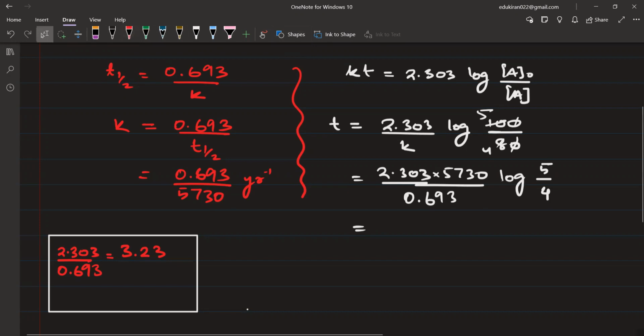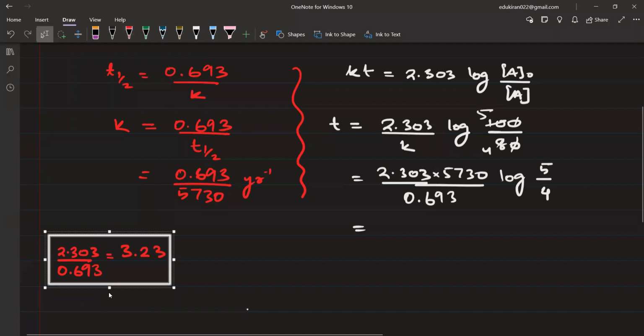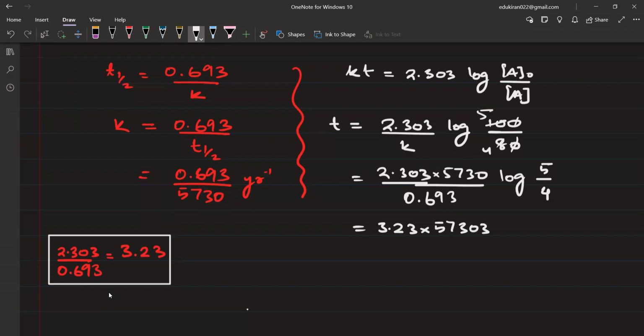So now this will become into 5730 into log 5 upon 4, which will be equal to what? 0.70 minus 0.60, 0.1. Calculate 5730 and the numbers.